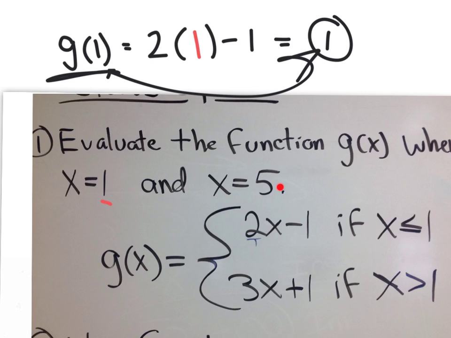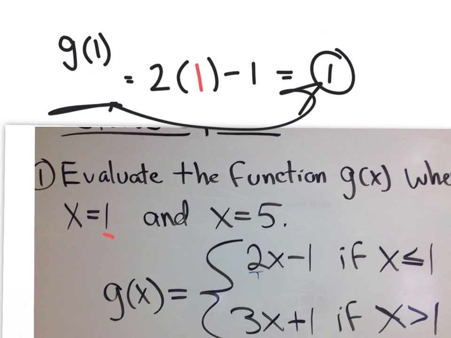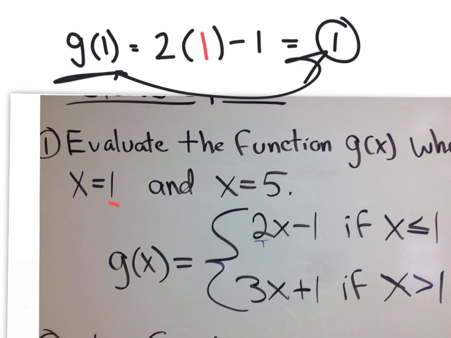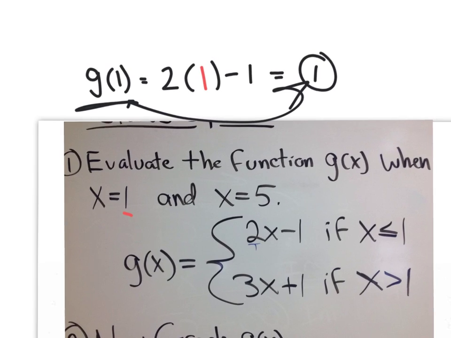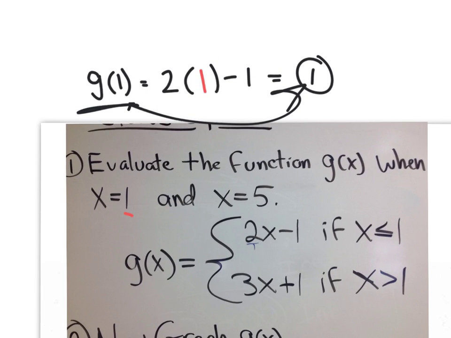So let's go for the next one. It says also evaluate for x equals 5. So we're now going to plug in 5. So that's going to be g of 5. G parenthesis 5, that's just a notation stating that we're going to plug in 5 into the g of x function. And of course, where does 5 fit?